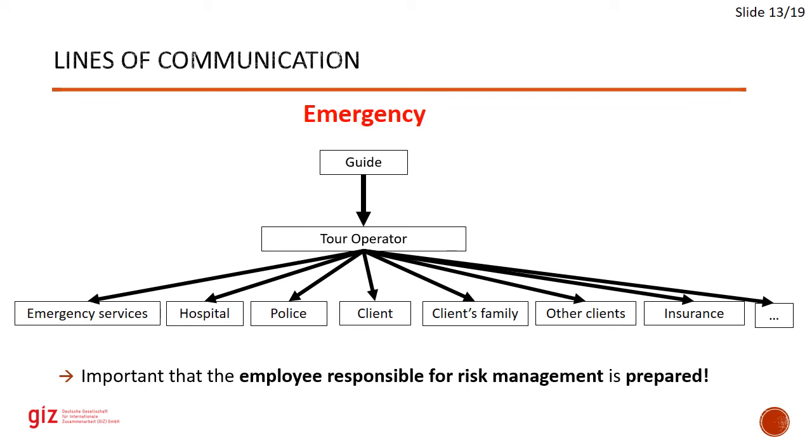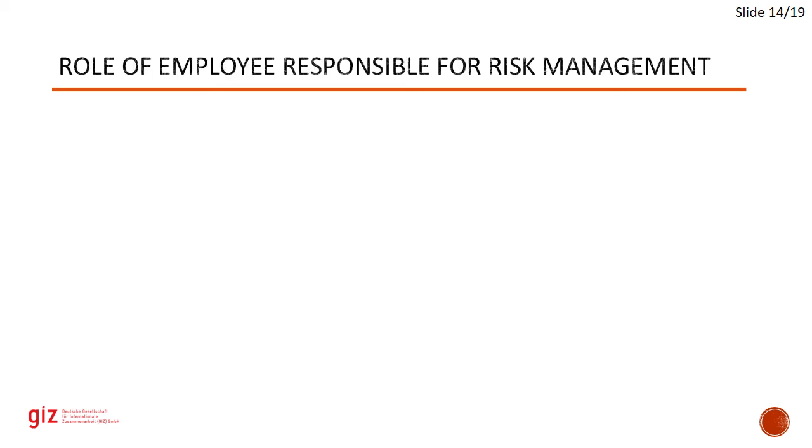Therefore, besides preparing the guide, it is important that the employee responsible for risk management in your company is prepared and ready to respond to emergencies as well. So, in emergency preparedness, what is the role of this employee?